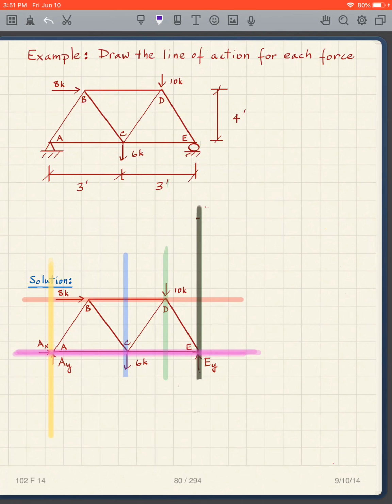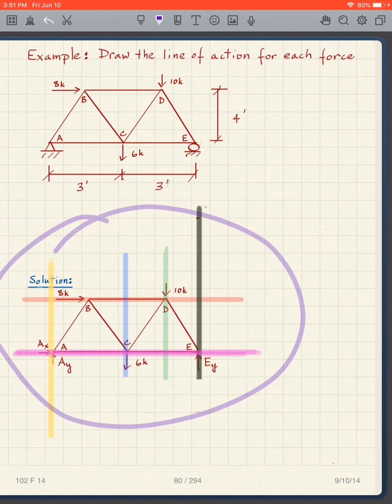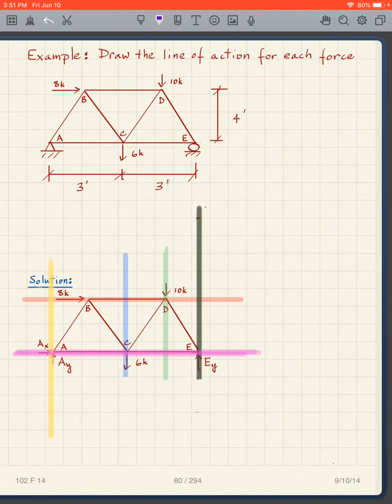So we've got our free body diagram here, and this is a hinge. So what do I have? I've got an AX and an AY there. And this is a roller, so I have an EY. So all of those loads have lines of action. Doing one at a time, the 8 kip load, there's its line of action.